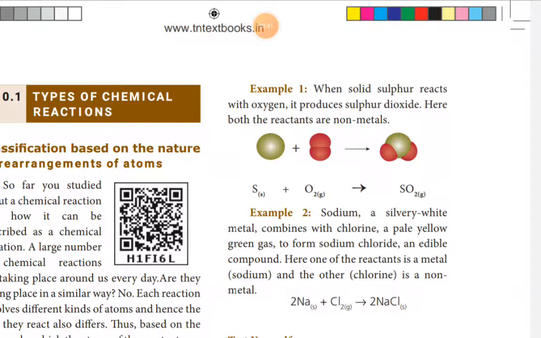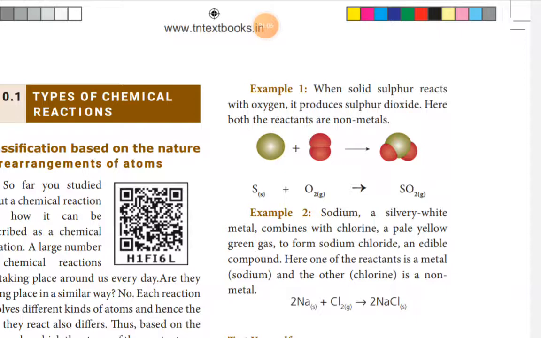O2 is the formula of oxygen, (g) gaseous state. These two, solid and gas, combine to give sulfur dioxide, which is in the form of gas. Then this equation is automatically, spontaneously balanced. One sulfur, two oxygen. Some reactions are automatically going to be balanced by themselves.